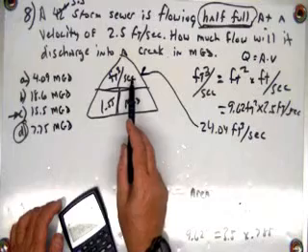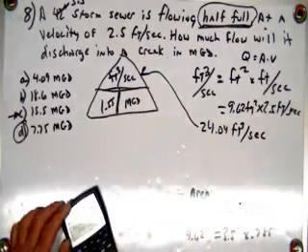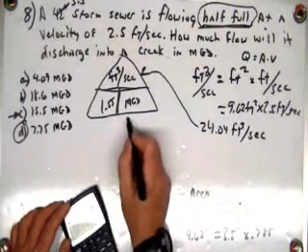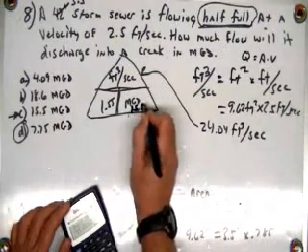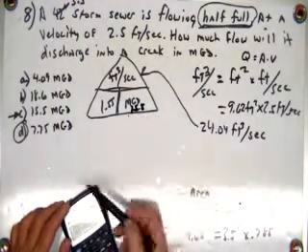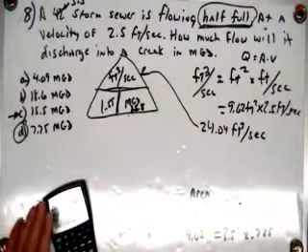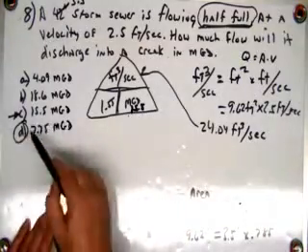24.04 cubic feet per second divided by 1.55 is going to give me the MGD. Divided by 1.55 is going to give me 15.5 MGD. And if I'm sitting at a state exam, hammering the calculator, and I see that, I might just go, yay, I got that.